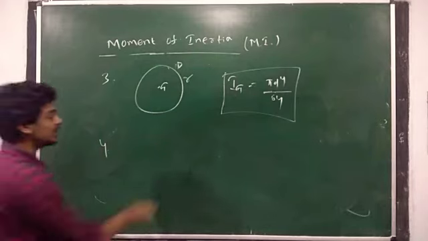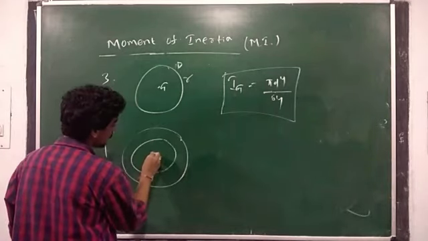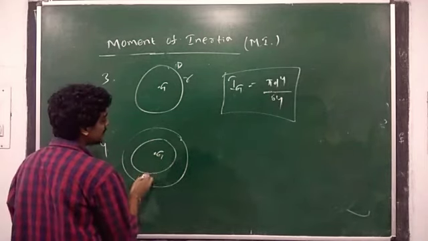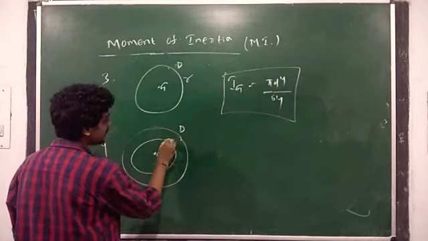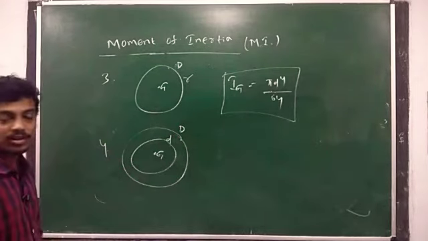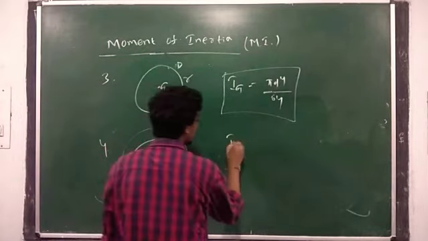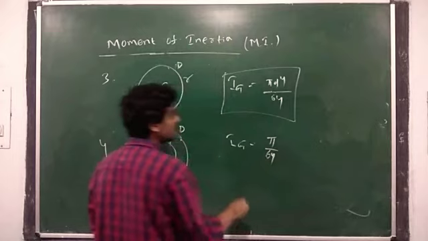If someone will tell to calculate the value along hollow circle, suppose the center of gravity is G, the outer diameter is capital D and the inner diameter is small d. So you can calculate the value, just same value pi by 64.